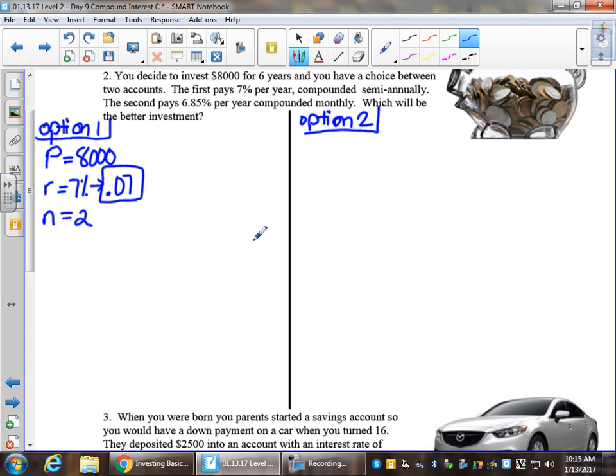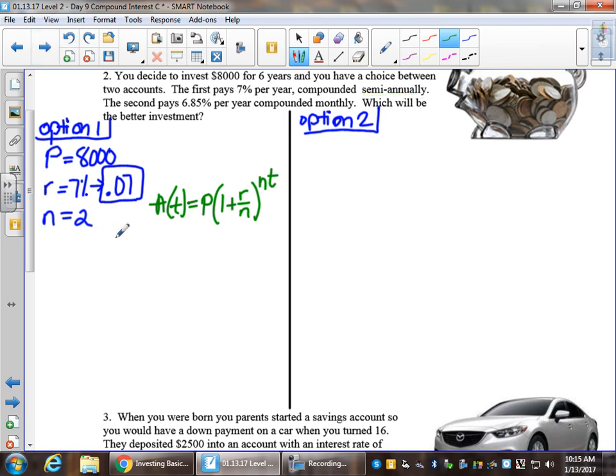What's our first step? Build the model. So A of T equals, in general form, P times 1 plus. Right here, David, semi-annually. Good question.